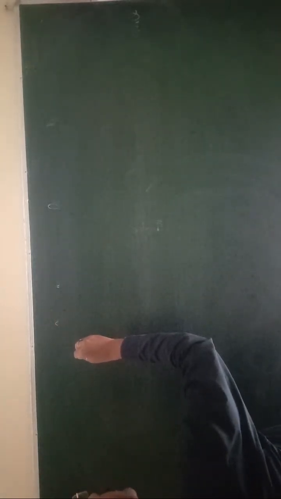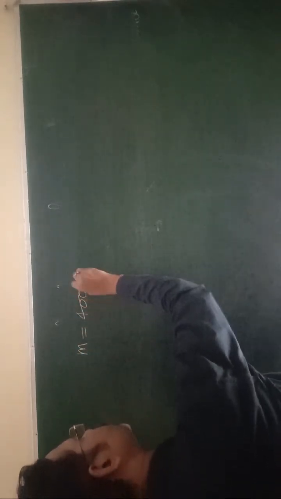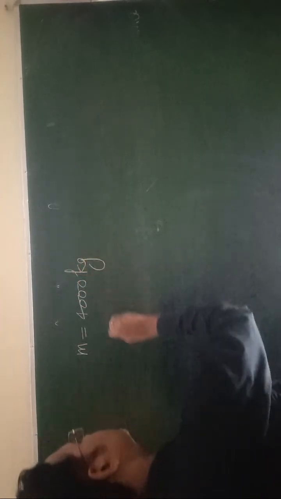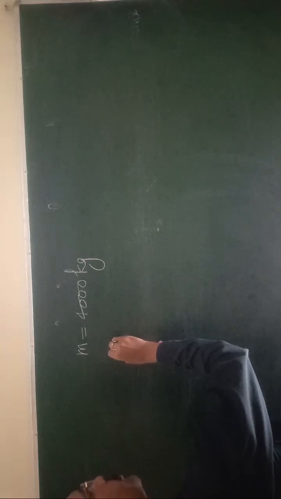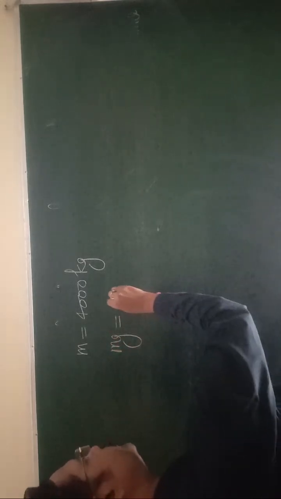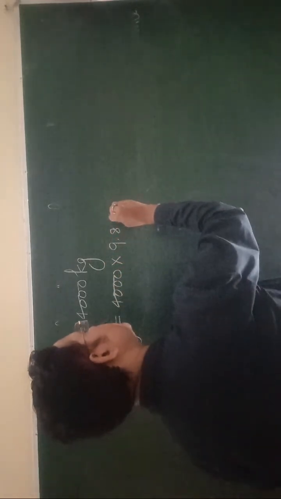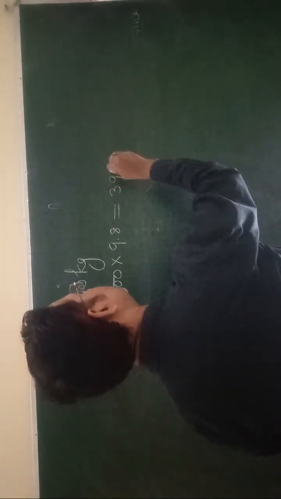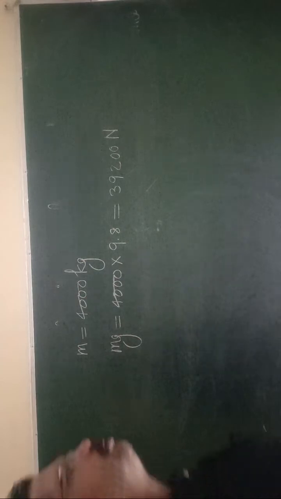So everything is given here. The mass of the lift is 4,000 kg. So the downward force mg of the lift is 4,000 into 9.8 meter per second squared, which is equal to 39,200 Newton.